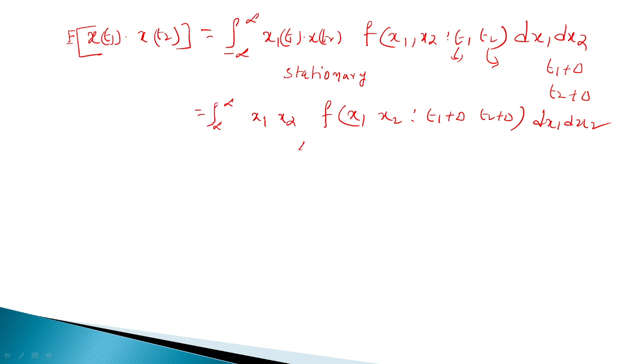So for simplification he is assuming that delta is equal to minus t1. Substitute here, at delta's place we need to substitute minus t1, so it will become 0.